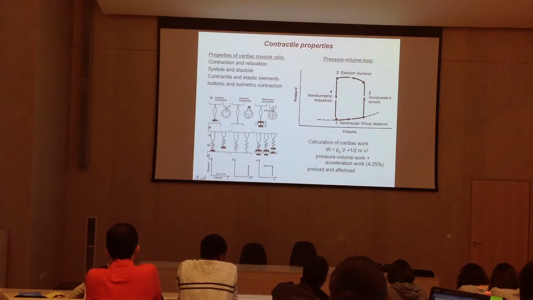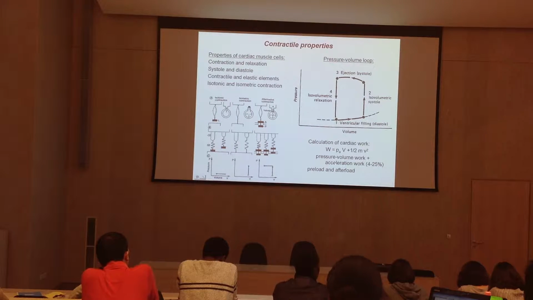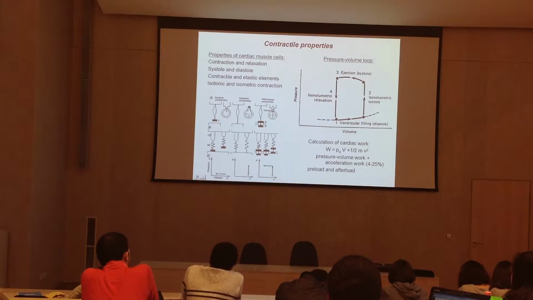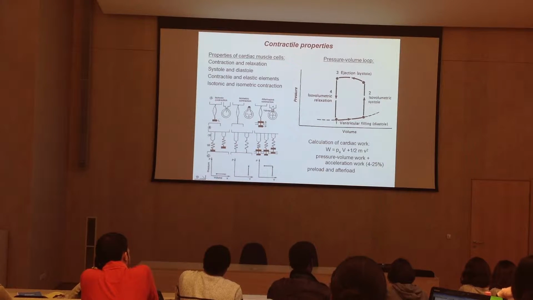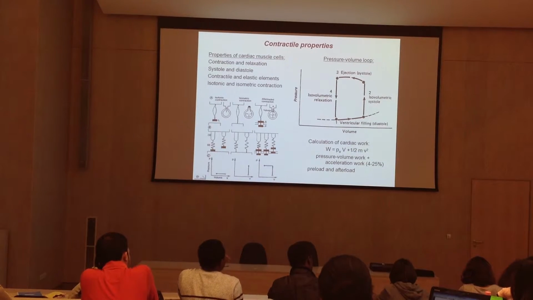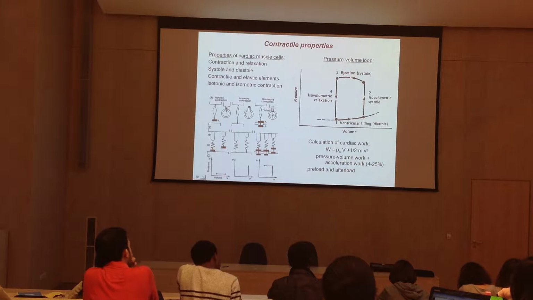But this acceleration work is very small, 4% or maximum 25% of the total work. Therefore, as a first approximation, we can neglect and omit it in the whole discussion. So finally, the pressure volume work will remain. Therefore, during a systole, the cardiac work depends on the pressure in the aorta and depends on the volume of the blood which is ejected.